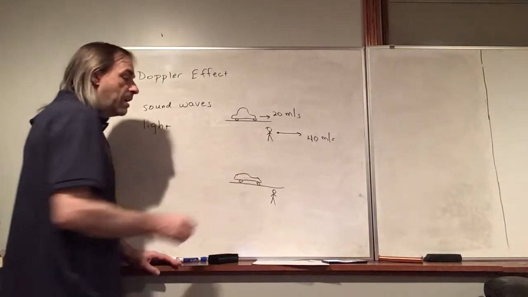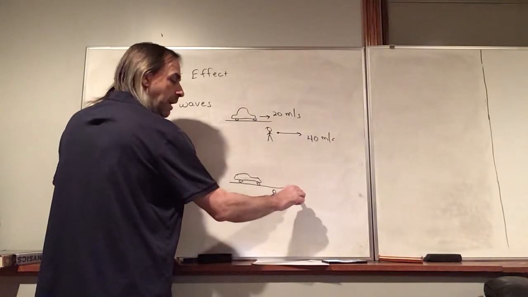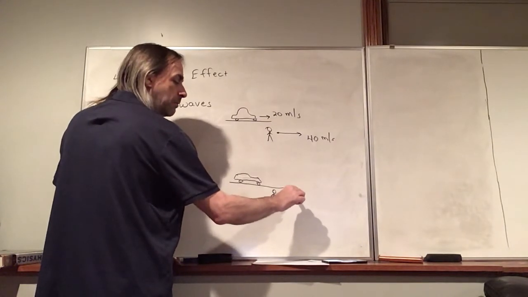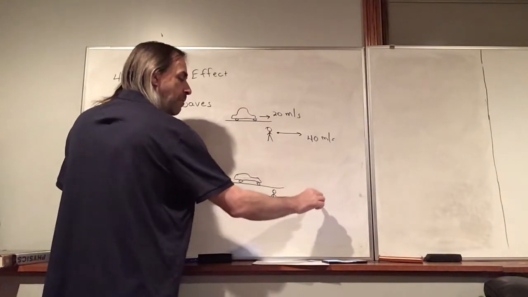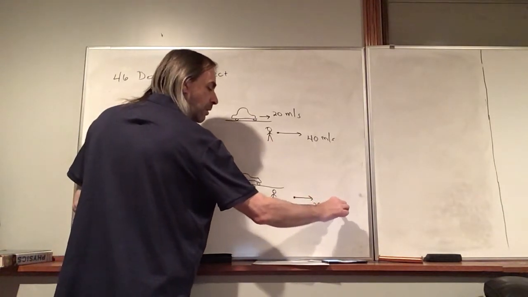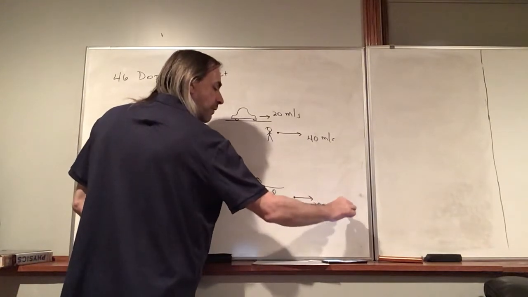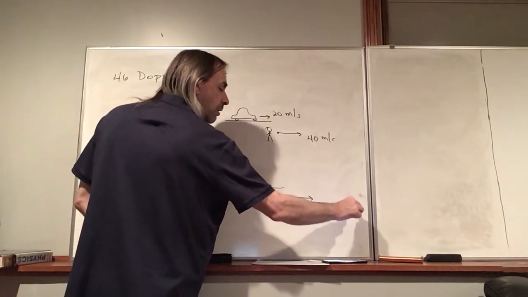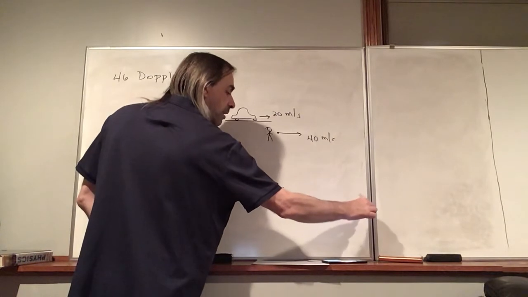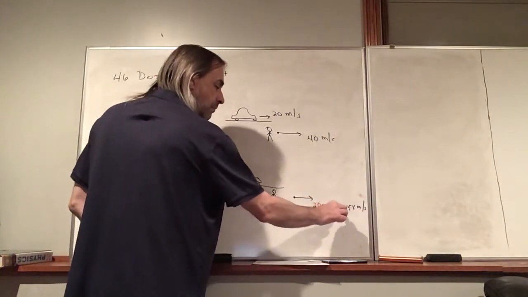But let's say instead of throwing a rock, this person shines a flashlight. And we can look at one photon moving away from the person. And I'm writing this out to all its significant figures, well, all of its figures, because by definition that is exact.